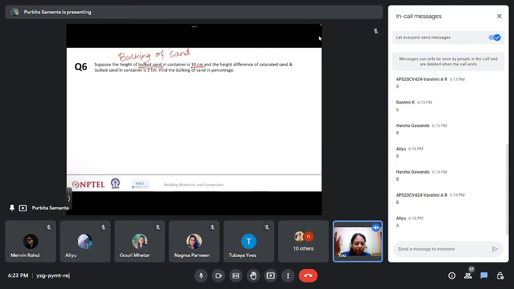And when we are doing batching, the first step of making concrete, what will happen? If the volume of sand increases, but that volume is increased by the moisture and not the actual quantity of sand, then the overall volume of the concrete that we will make will also decrease.